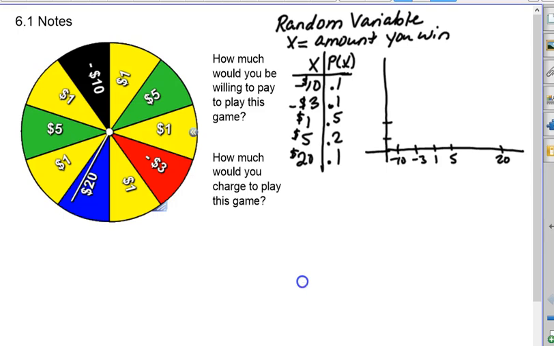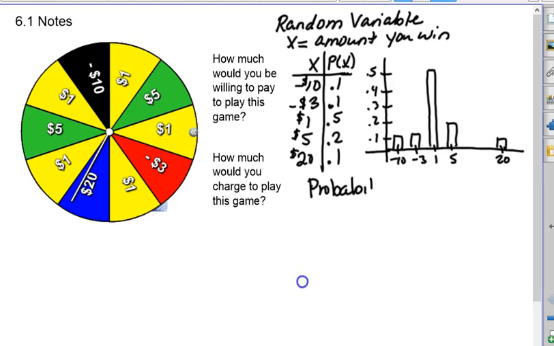And then we could look at each of these being 1/10, 0.1, 0.2, 0.3, 0.4, 0.5. So I have a 1/10 chance of negative 10, a 1/10 chance of negative 3, 5/10 chance of a 1, 2/10 of a 5, and 1/10 of a 20. So both of these are probability distributions showing how the different outcomes are likely to occur.